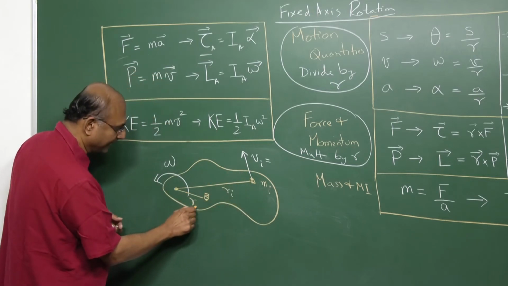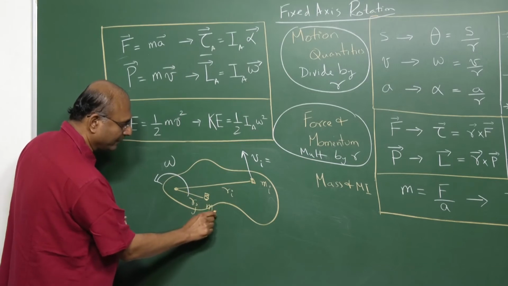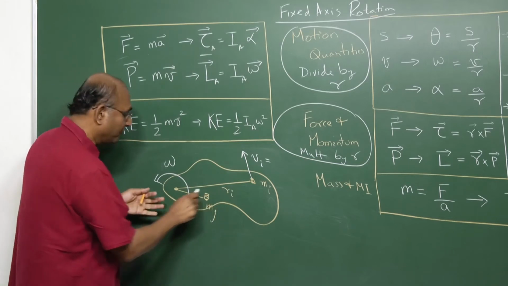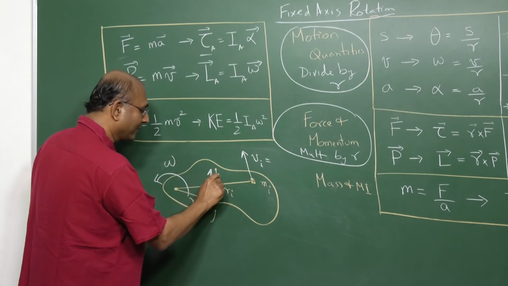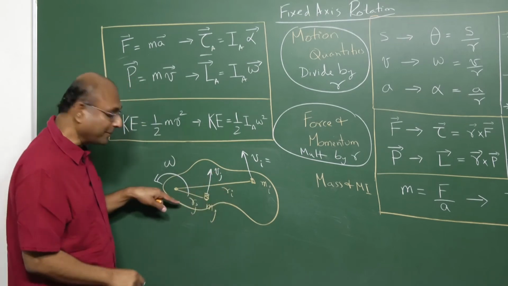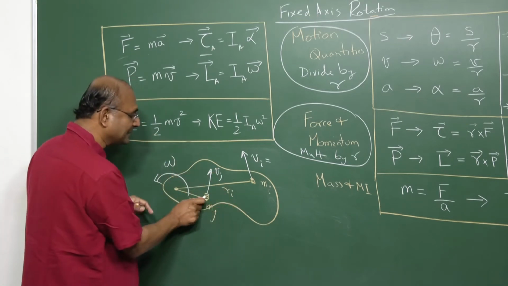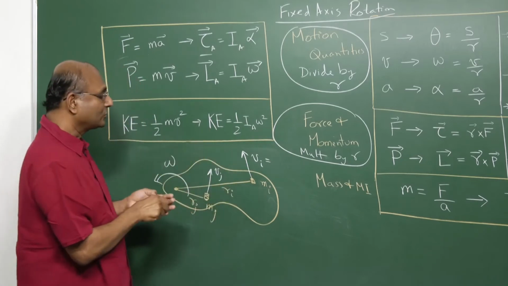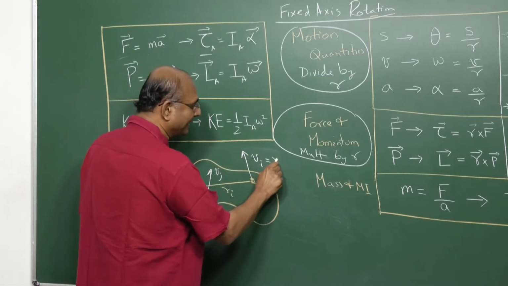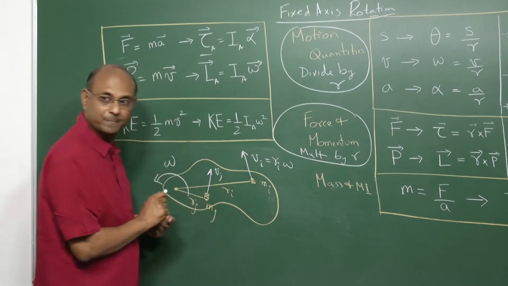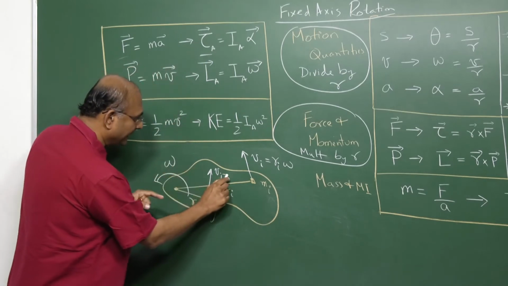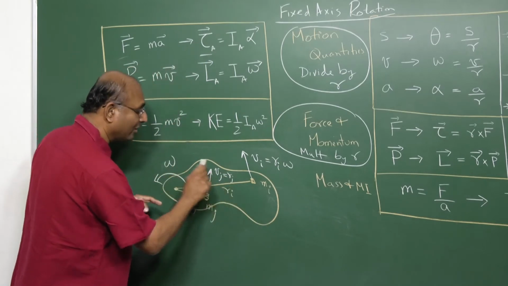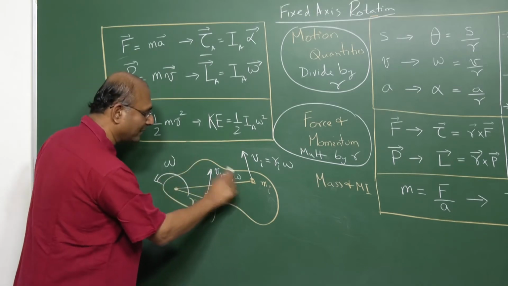So this will be rj, mj, velocity vj. But what is omega? Same omega. So this fellow has the same omega, that fellow has the same omega. So if I write vi, I'll write it as ri omega. If I write vj, it is rj omega, not omega j, just omega.